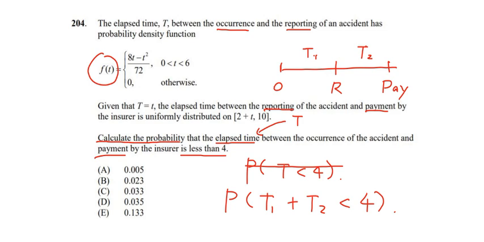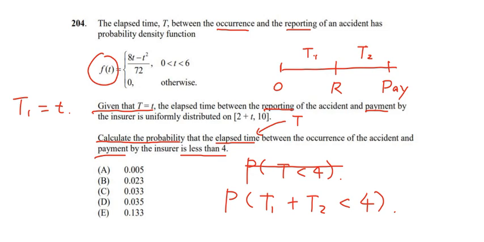So how can we find this probability? Let's say we condition on T1 equal to t. We know T1 is uniform.